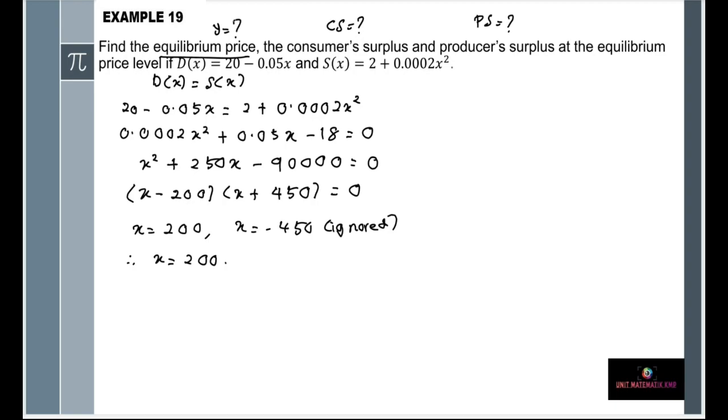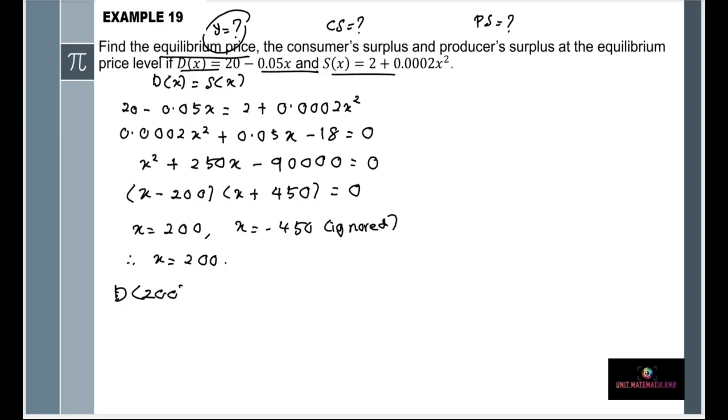But the question asks for y, not x. So we need to find y. We can use Dx or Sx here. I use Dx. I just substitute 200 in the Dx or Sx function.